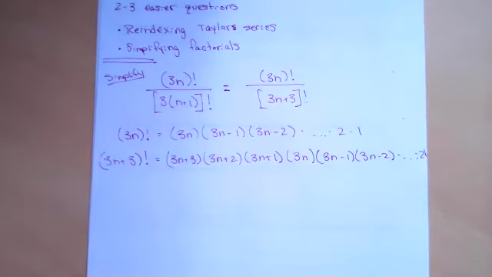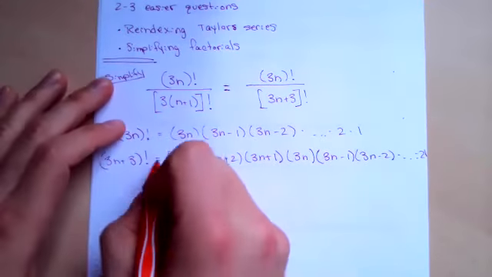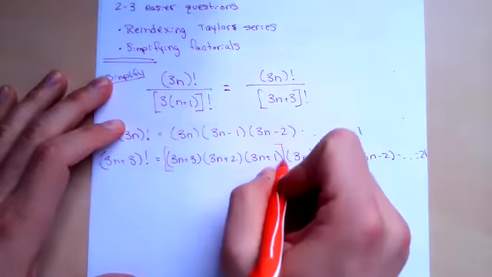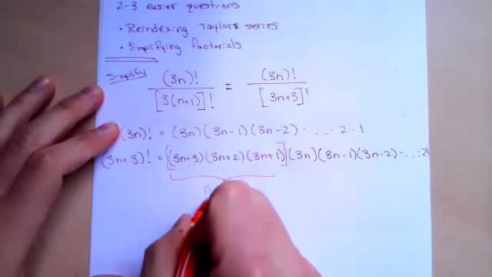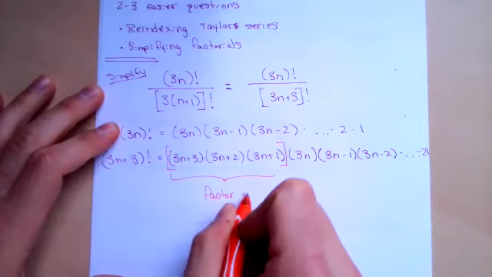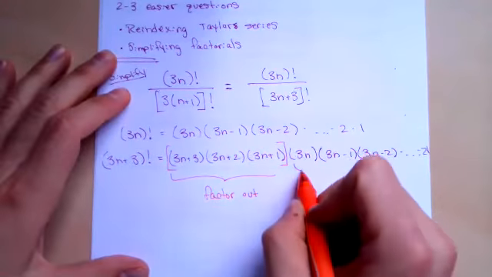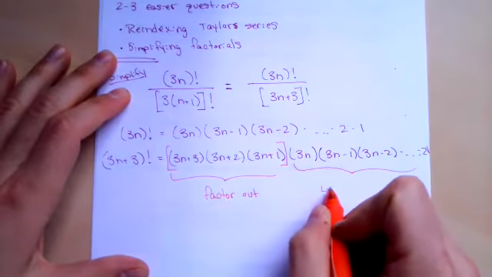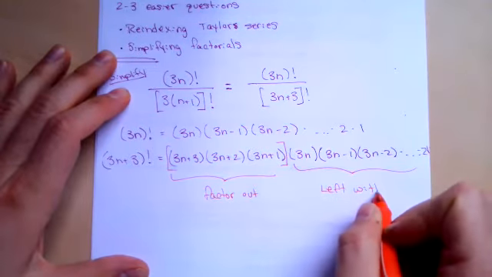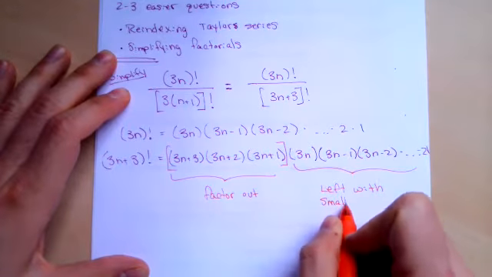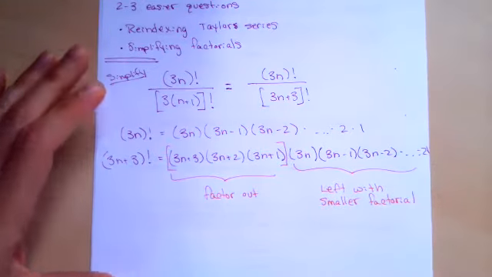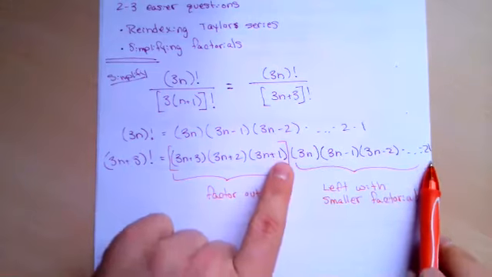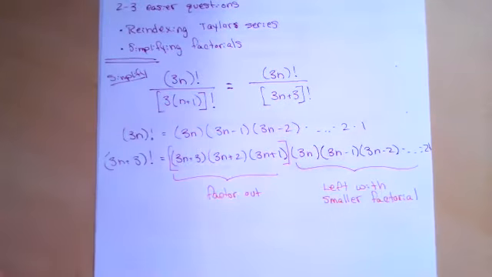Since I'm multiplying all these terms together, we can factor out as many of the terms as we want. And then what are we left with? The smaller factorial. The product of all of these guys is just those guys up there.